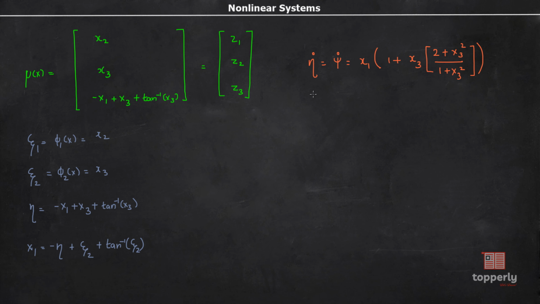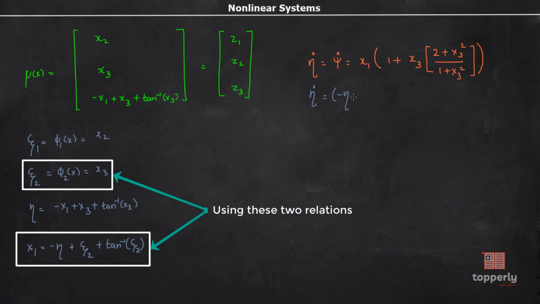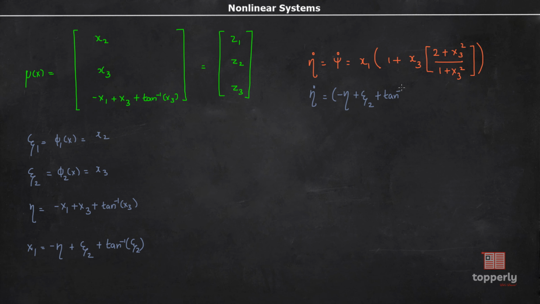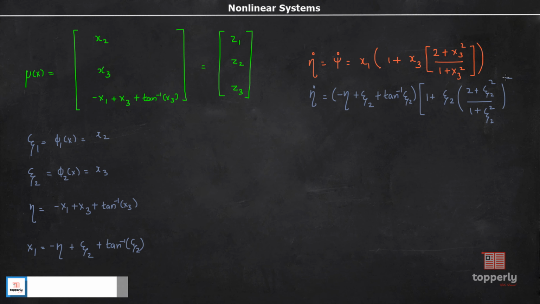Therefore, we have eta dot is equal to minus eta plus theta 2 plus tan inverse theta 2 into 1 plus theta 2 into 2 plus theta 2 square by 1 plus theta 2 square.